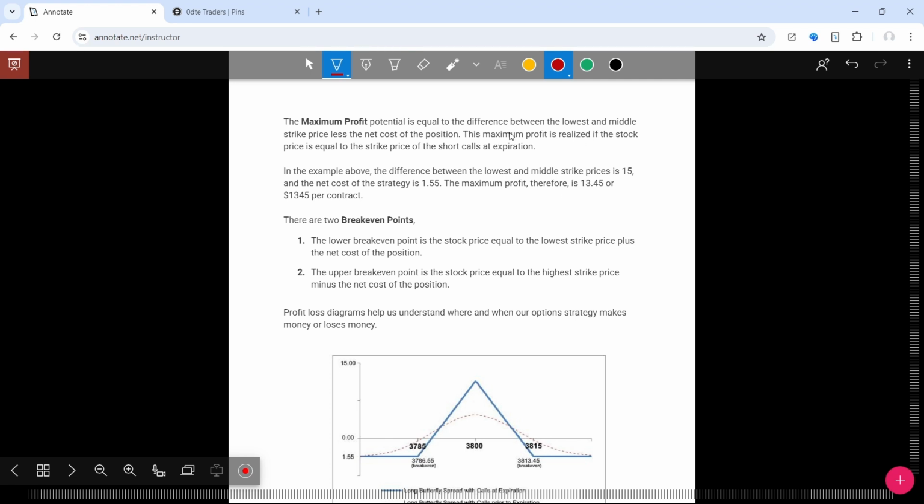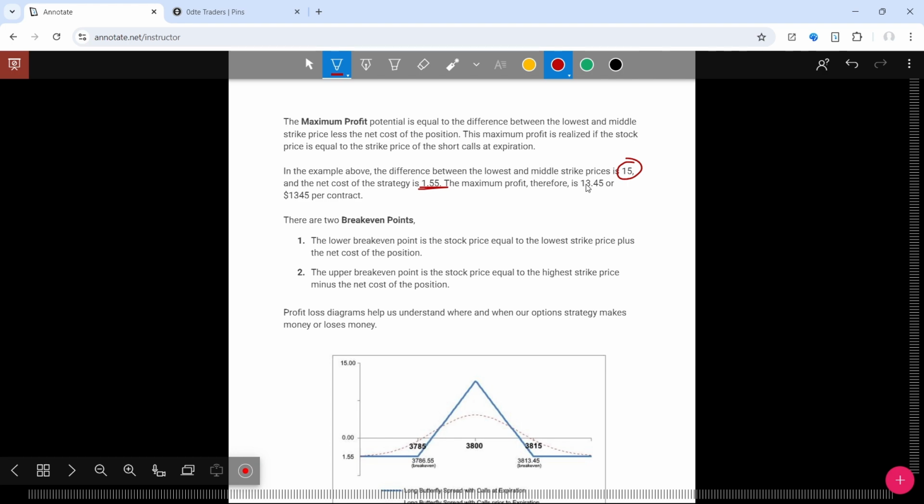So essentially what you're going to do is take the difference between the short strike and the long strike, in this case 15 wide, and subtract the debit paid, which in this case is 1.55.